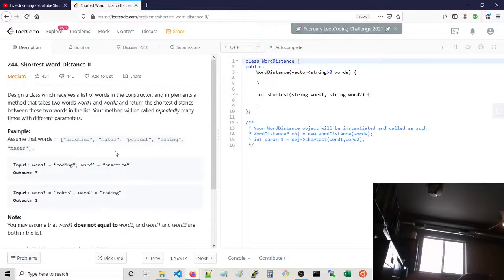Things get kind of funky when you're dealing with duplicates. It really does. It really gets funky when you're dealing with duplicates.